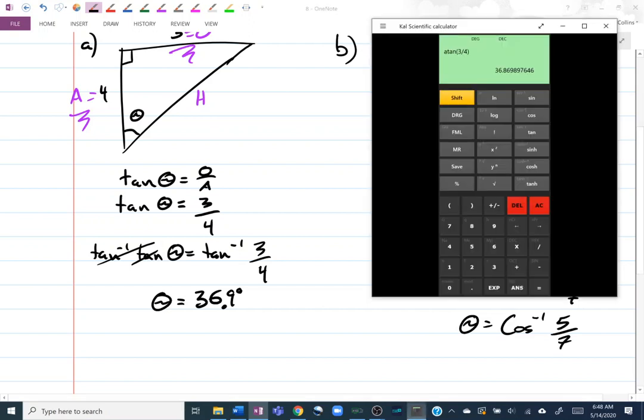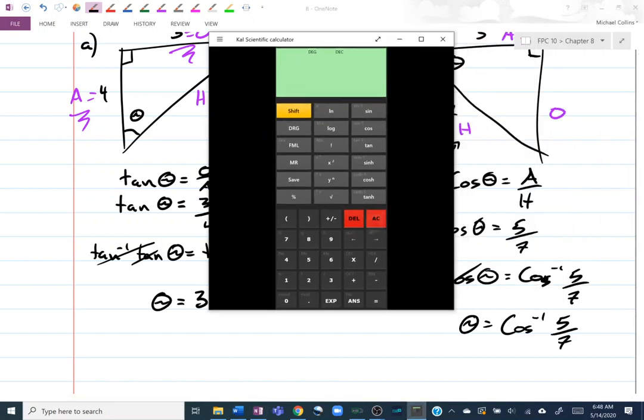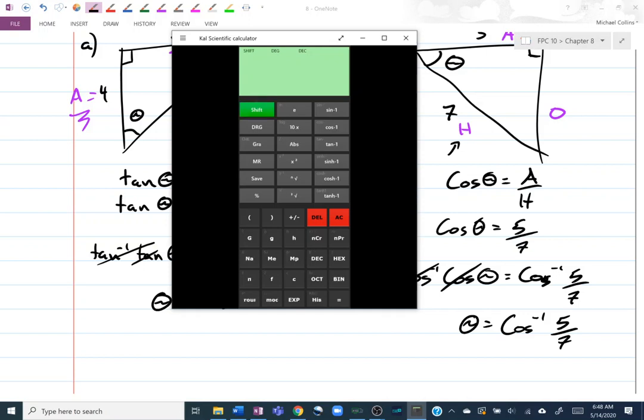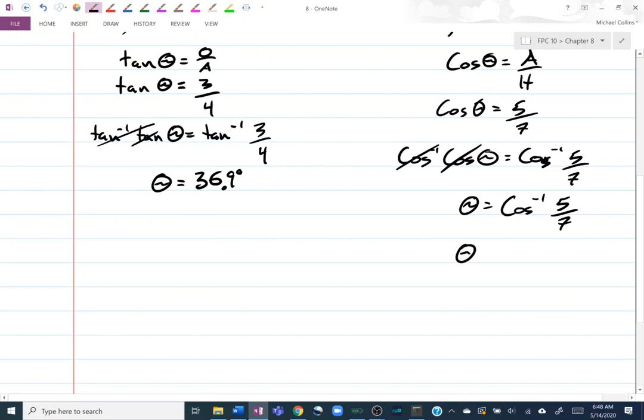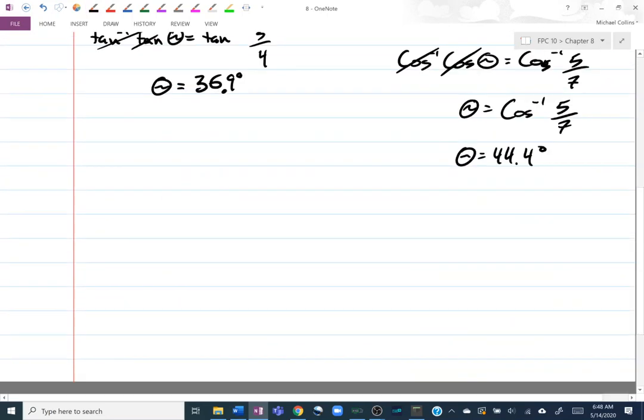I can get my calculator out. Inverse cos 5 divided by 7 is equal to 44.4 degrees. Let's do one more.